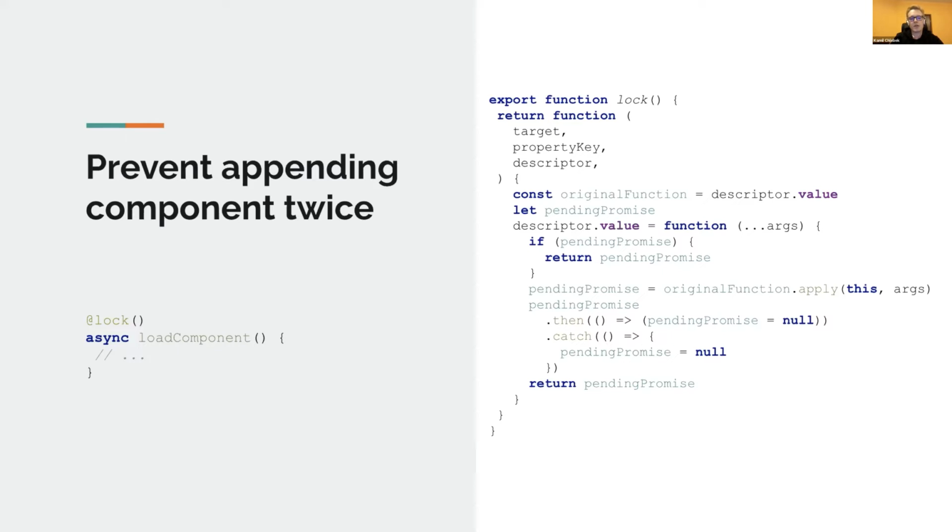You can create a lock decorator that will make sure you won't execute the function again until the previous execution and the promise has resolved. And optionally, of course, you could extract the dynamic component creation to a service that will do a similar check.